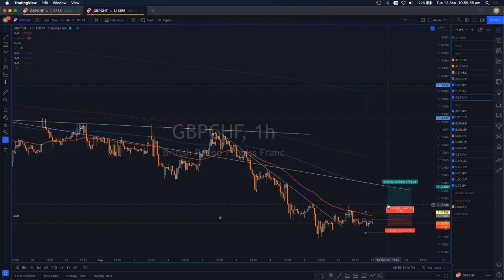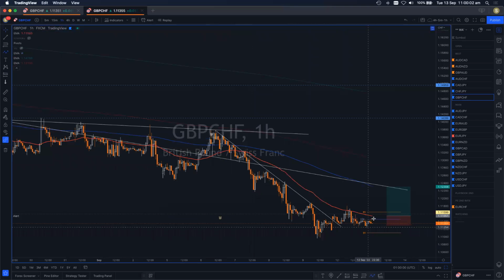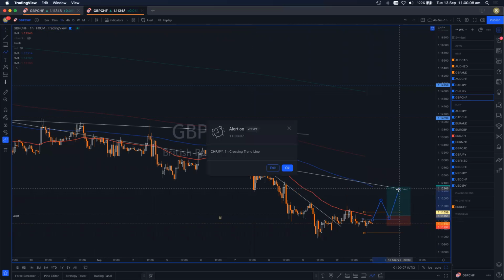So I'm waiting for the hourly 50 break, pullback, and hopefully a nice long trade from there up to this trend line or the 4-hour 50. That could be a nice little trade, especially when it's doing something.